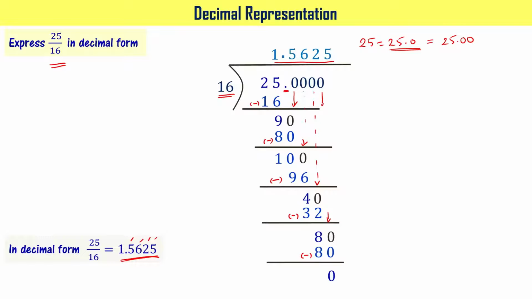You don't read it as 5625. After the dot, whatever digits are there, you read those digits independently, right? So that's why we read it as 1.5625. The division method we have learned now to get the decimal form of a given rational number is called the long division method. Please note this.